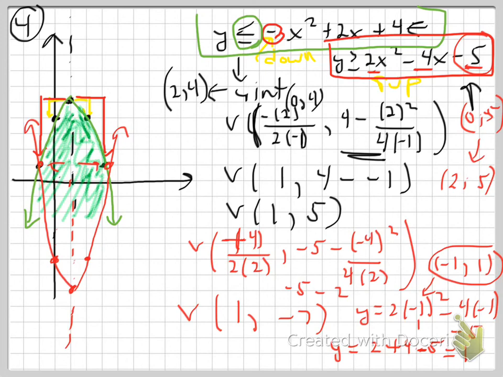Okay, and we knew it was solid because it's got the equal sign, and all the y's are bigger, so I need to shade this way. So I'm going to get my spray paint out, change the color, and let's change it to red. I'm going to shade it in here.